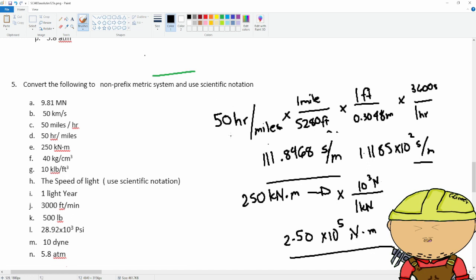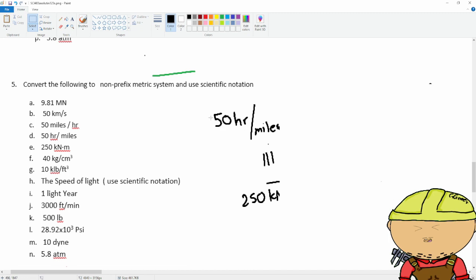If we want, we can convert it to kilogram meter per second squared, but again, it doesn't say to be CGS or MKS. It just says use a non-prefix metric system.